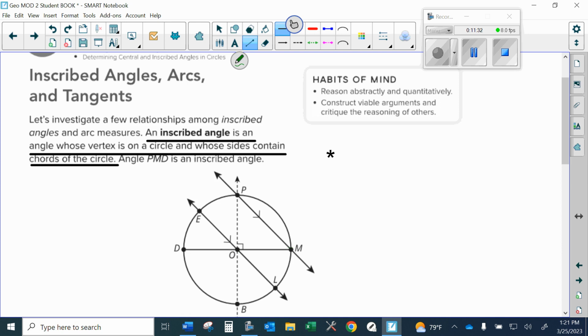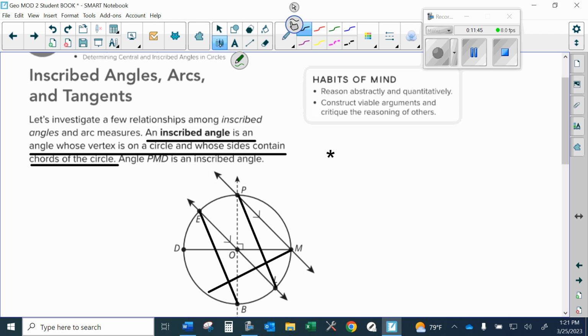Okay, let's just draw in some more. So I have that one there, that one there, and that one there. So PLE is an inscribed angle. The vertex is on the circle.